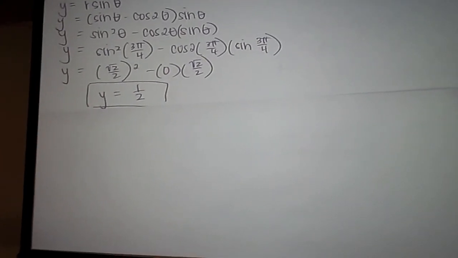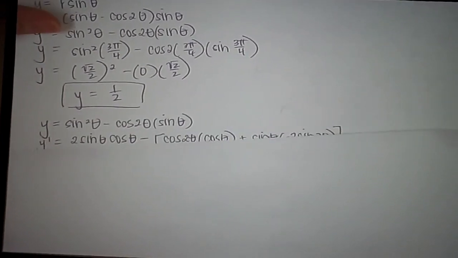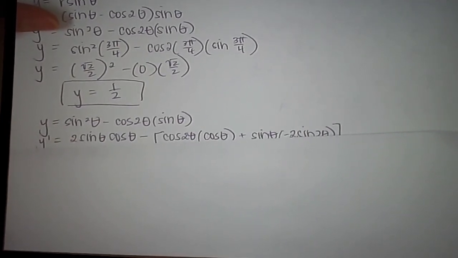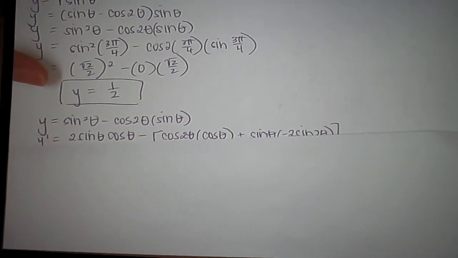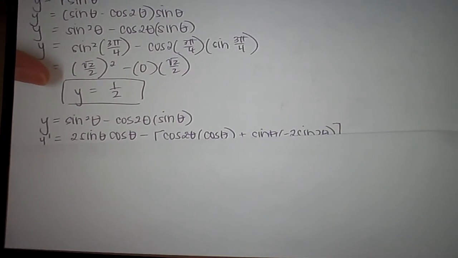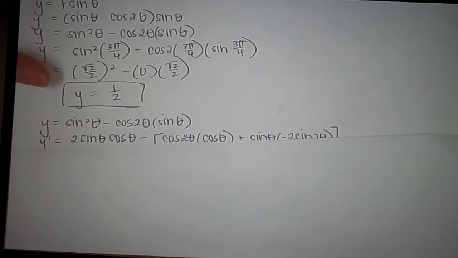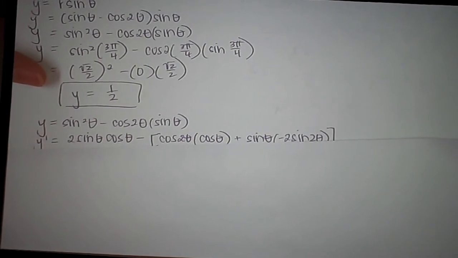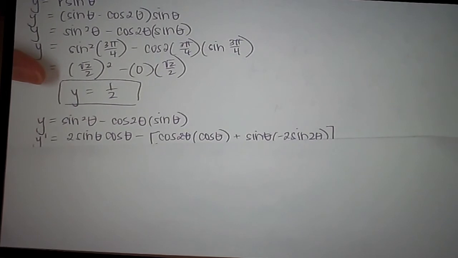And then we do the derivative of y. So it'll be y prime equals 2 sine theta, and then the chain rule, the derivative of sine is cosine, and then the product rule for the second part, which leads us to cosine 2 theta times cosine theta plus sine theta times 2 sine 2 theta.